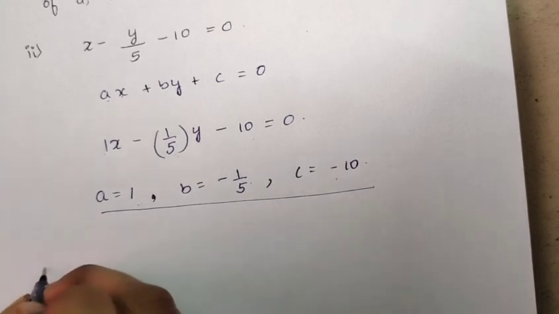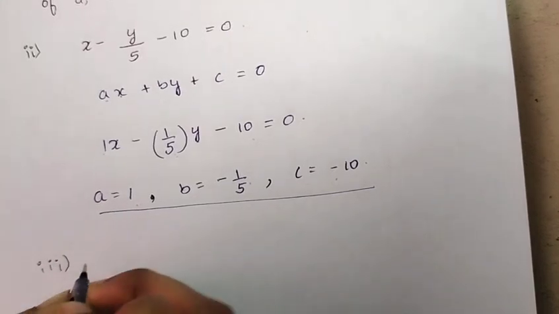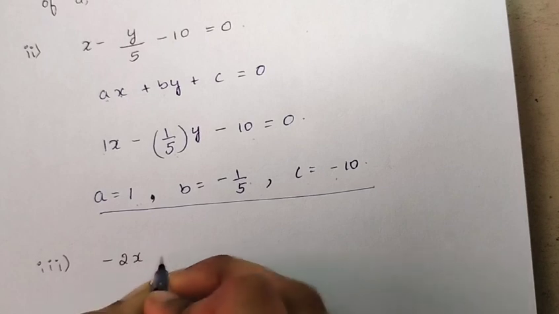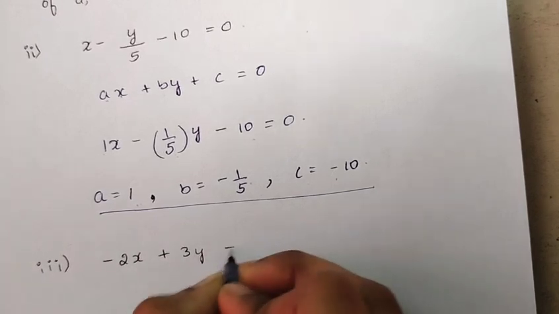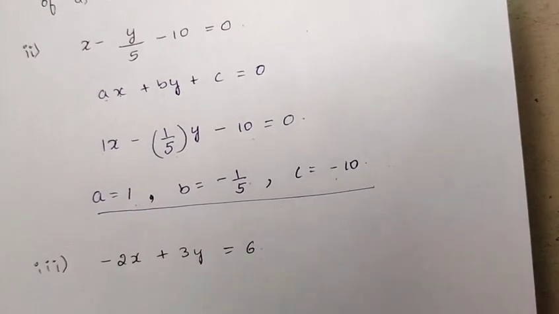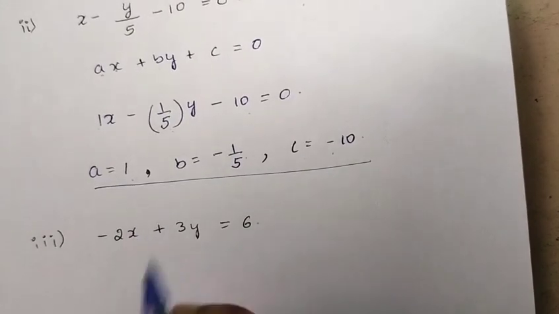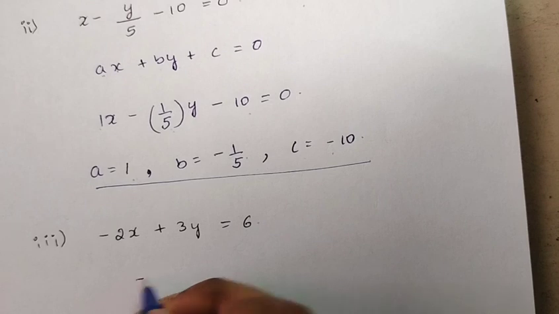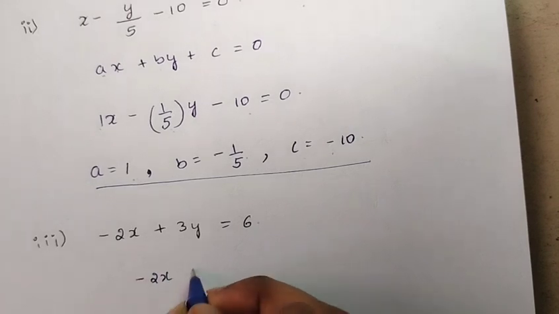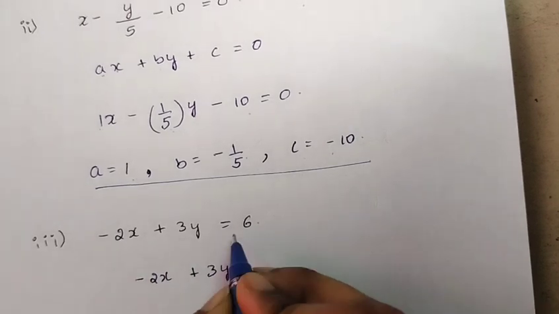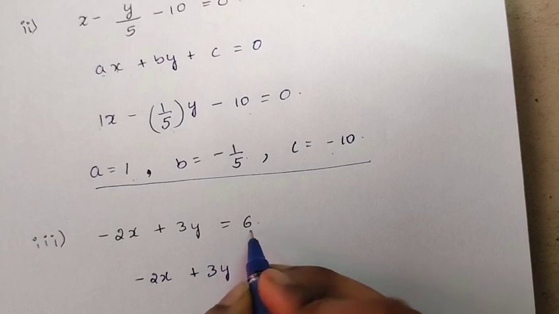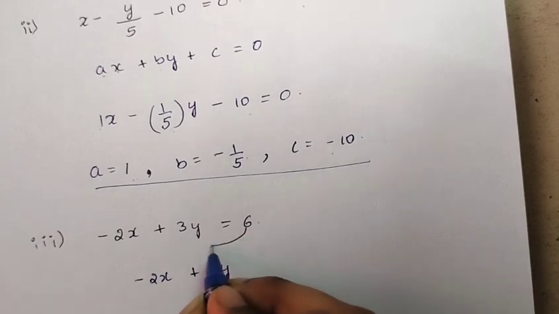Now we will move on to the third question. The third question is minus 2x plus 3y is equal to 6. Very easy, students. We have to convert this first into the standard form. In a similar way, minus 2x plus 3y is equal to 6, but we have to take this 6 to the left hand side.